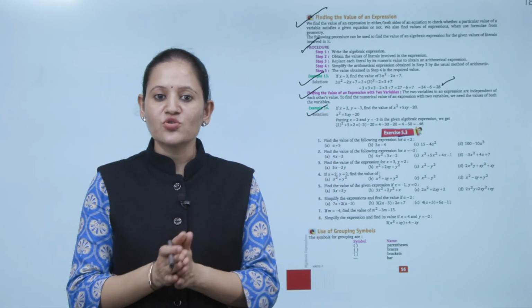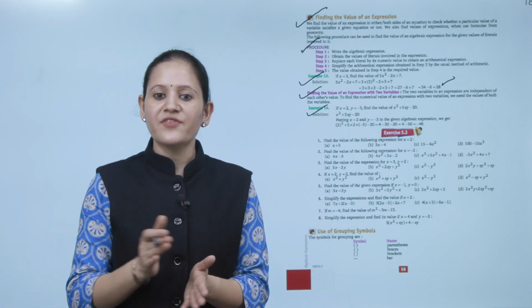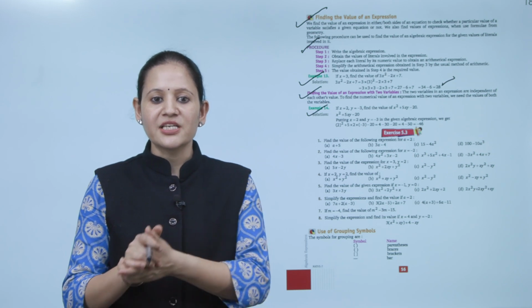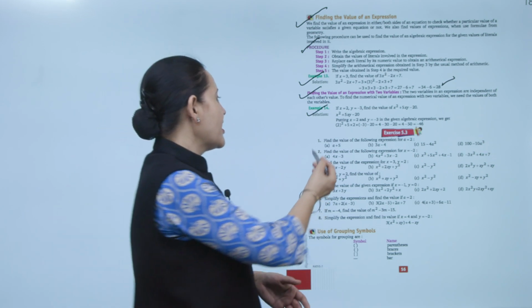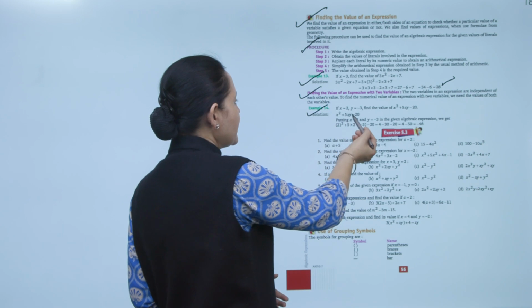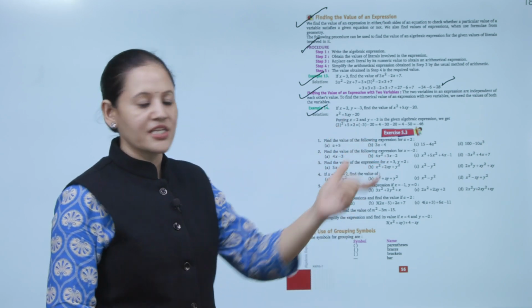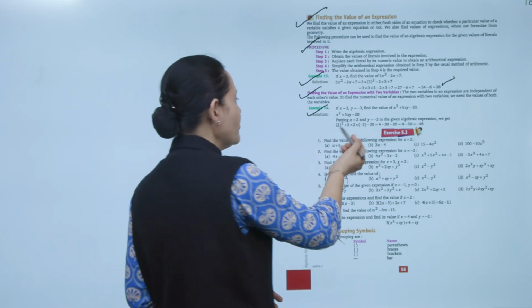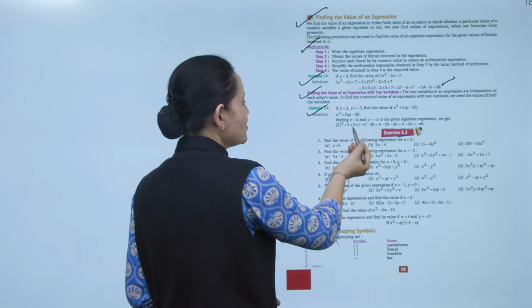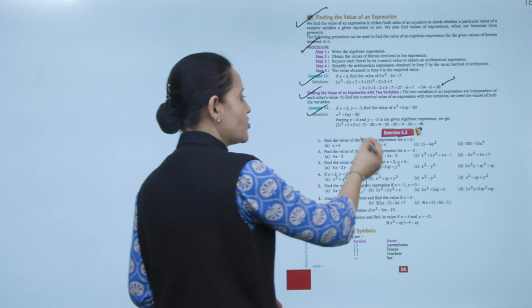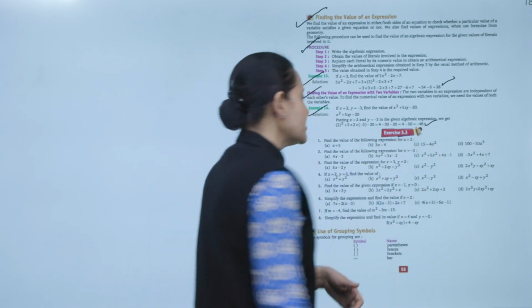If x equals 2 and y equals minus 3, find the value of x square plus 5xy minus 20. Put the respective values. So 2 square plus 5 into 2 into minus 3 minus 20. We'll solve, that is equal to minus 46.